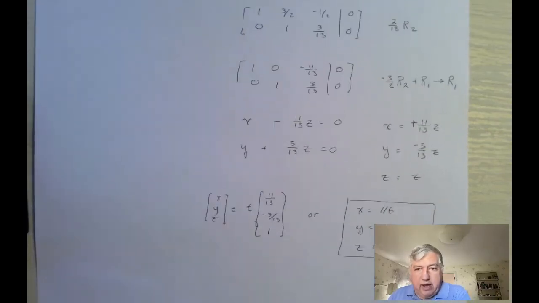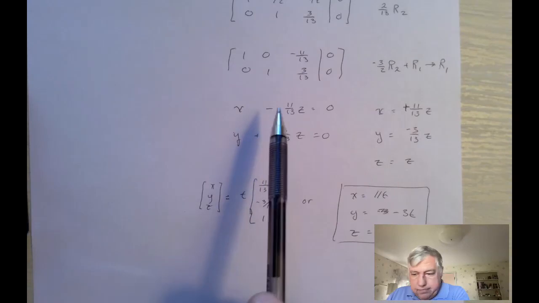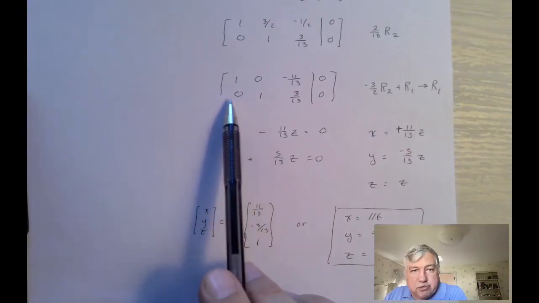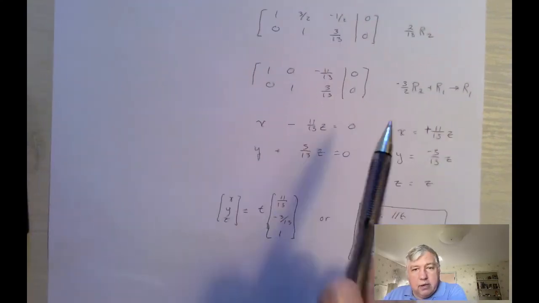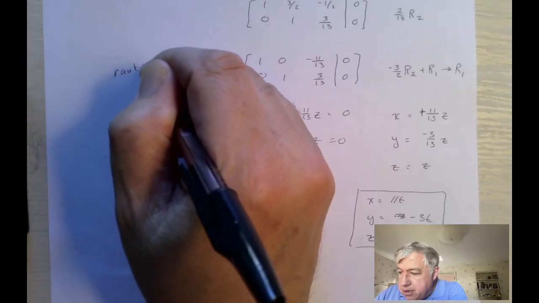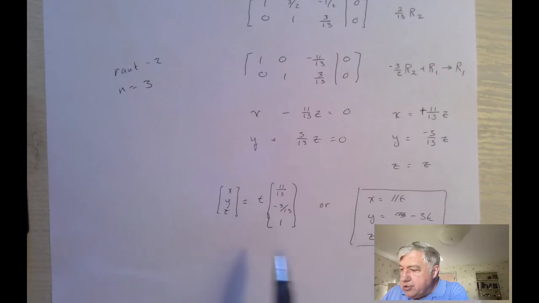once again, you'll see that we have the reduced row echelon form here, our rank is 2 in this case. Our number of variables is 3, so we get one.